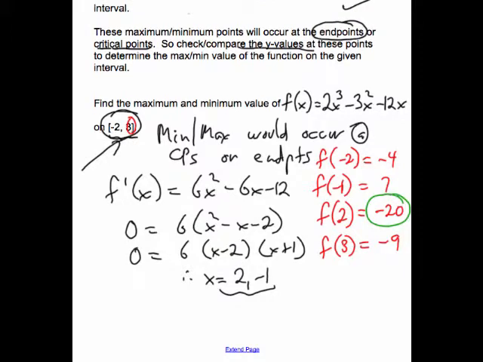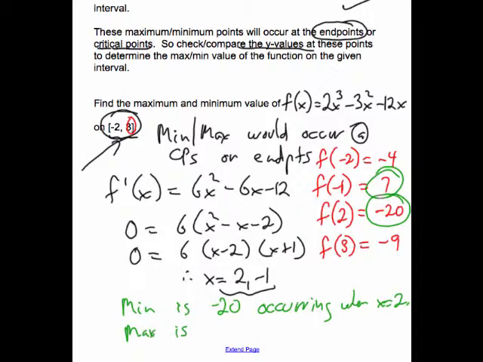And so our minimum value is negative 20, occurring when x is 2, and our maximum value is 7, occurring when x is negative 1.